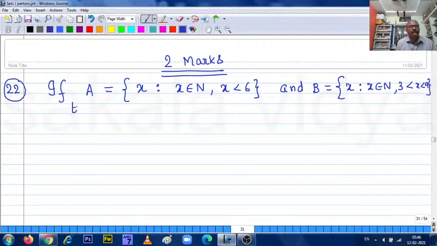Then show that A minus B does not equal B minus A. They are not equal.